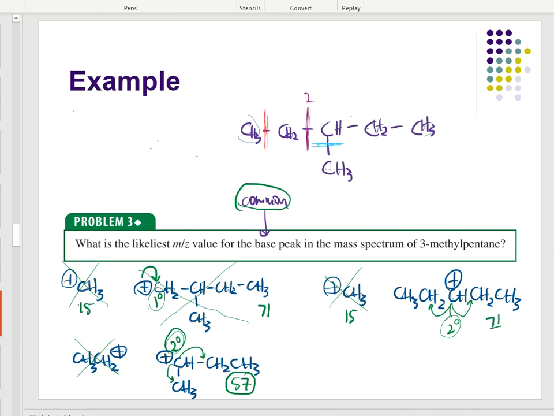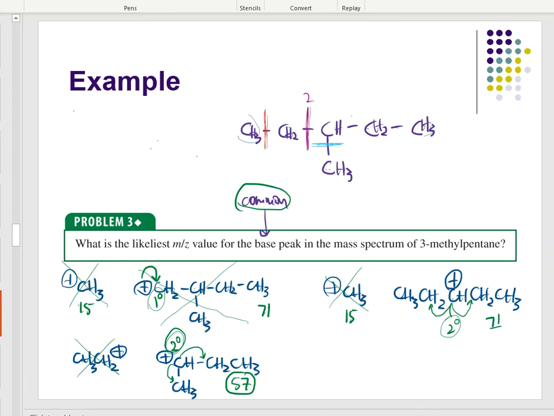Well, they're both secondary. So I can't really use that as a guideline anymore to figure out which one is my base peak. It helped me narrow down the choices, right? And this is what we do typically in the very beginning. We narrow down the choices until we get to a point where we can't really pick out which positive piece is going to be preferred.